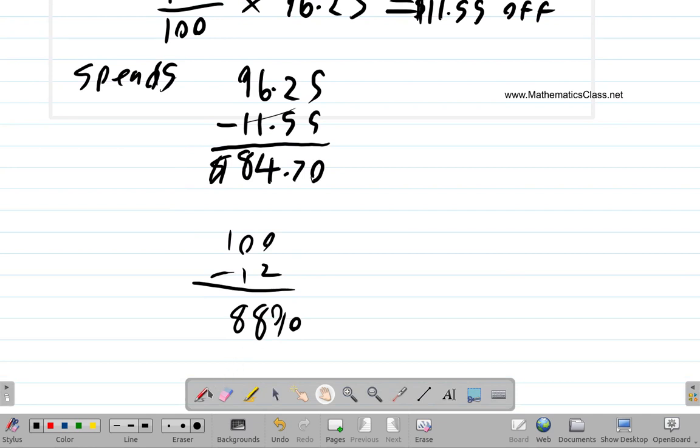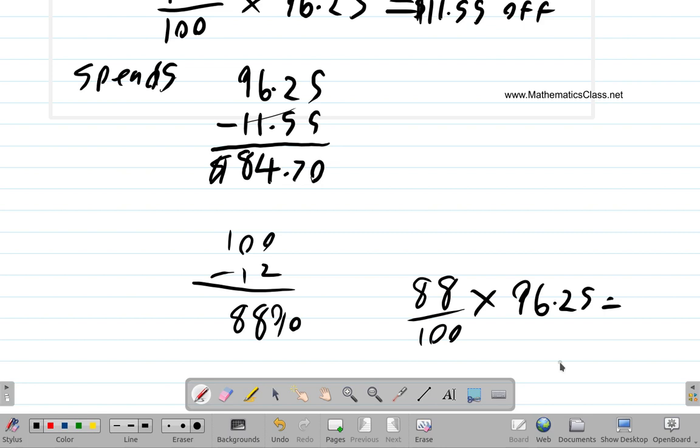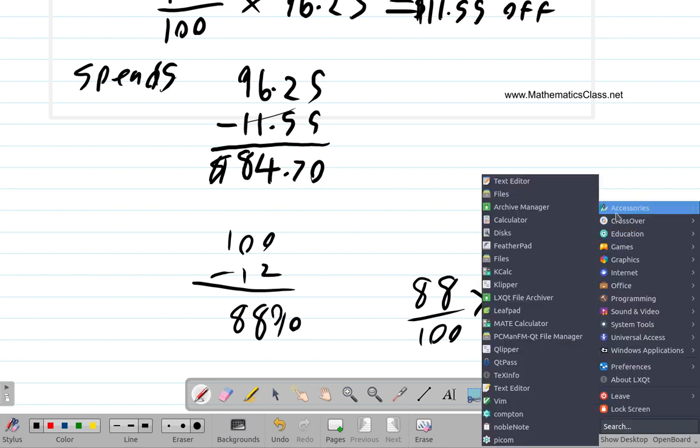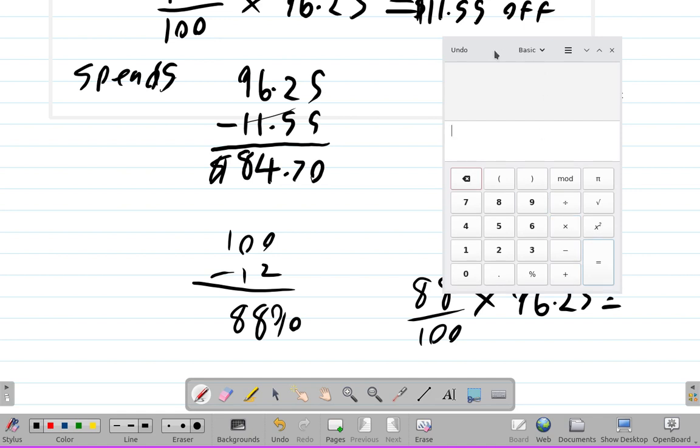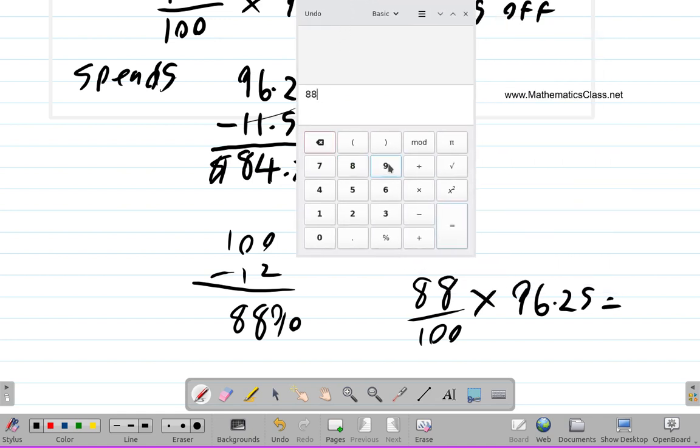So 88% of $96.25 is how much? You would say 88 divided by 100 is 0.88.